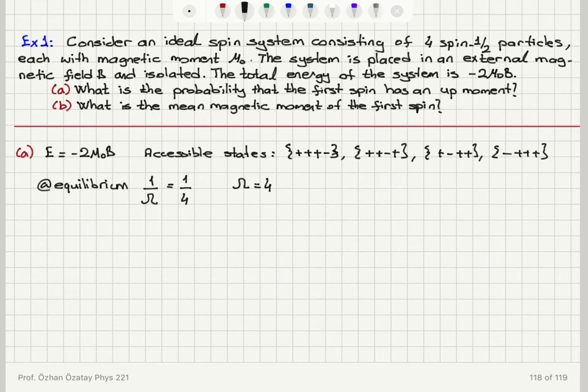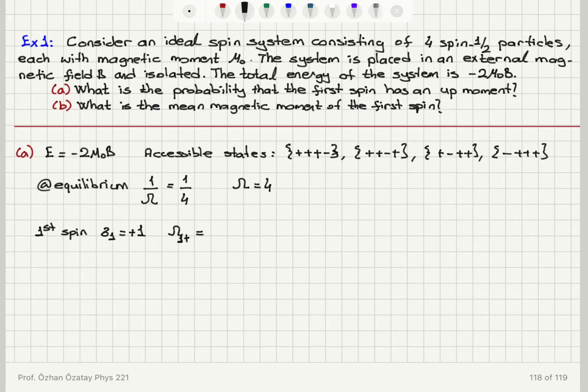In order to answer this question, I have to look at these accessible states and find the ones for which the first spin has an up moment. Okay, so first spin, sigma 1 is equal to plus 1. Out of these four cases, there are omega 1 plus of them, where the first spin has an up moment.